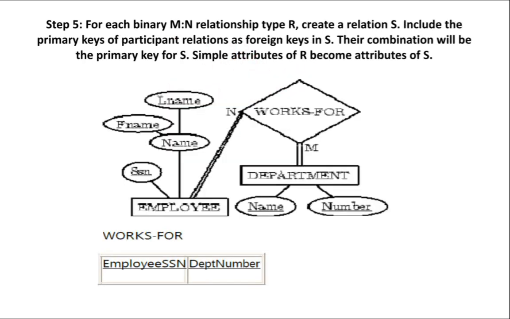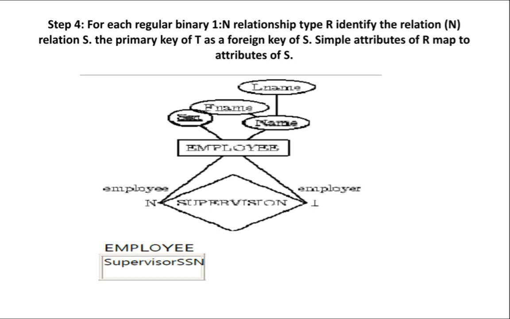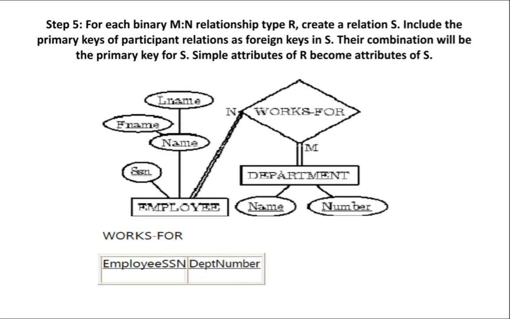Last, fifth, the M:n relationship. In this also you have to create a separate table for this works for relationship. You converted this works for relationship into a separate table, so the name of the table is Works For. After that, you have to include the primary keys of the participating relations as foreign keys. SSN is the primary key in employee, but it is used as a foreign key.